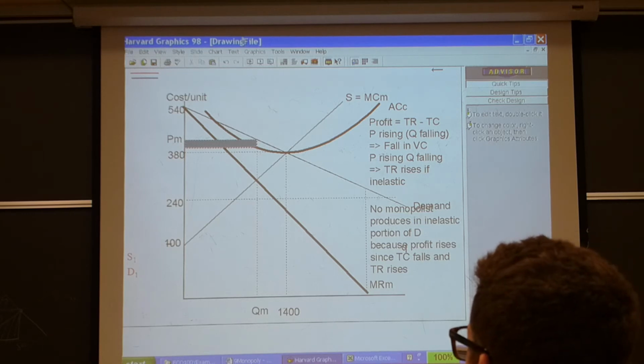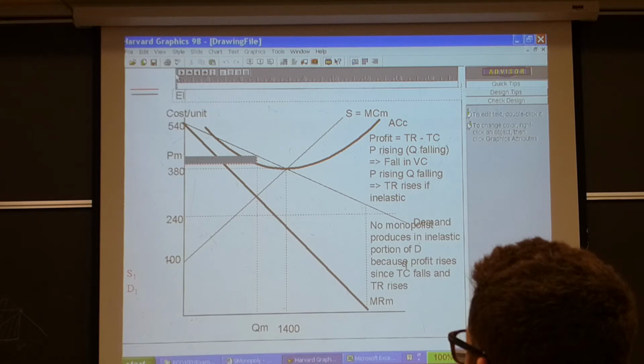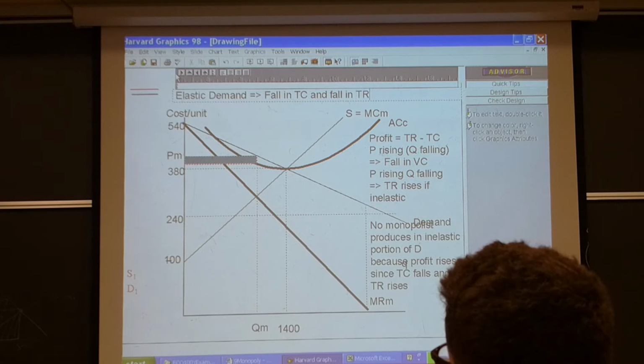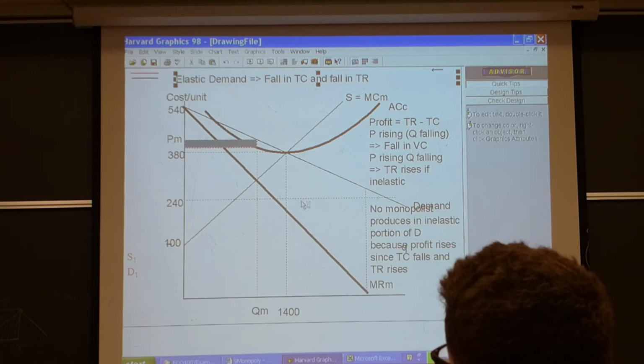So notice here, elastic demand implies a fall in total cost. So as they produce less, cost has fallen, but something else, a problem, a fall in total revenue. So the monopolist operates somewhere in the elastic portion so long as their reduction in output decreases their costs more than it decreases revenue. And that's how we find that point by marginal revenue, marginal cost.